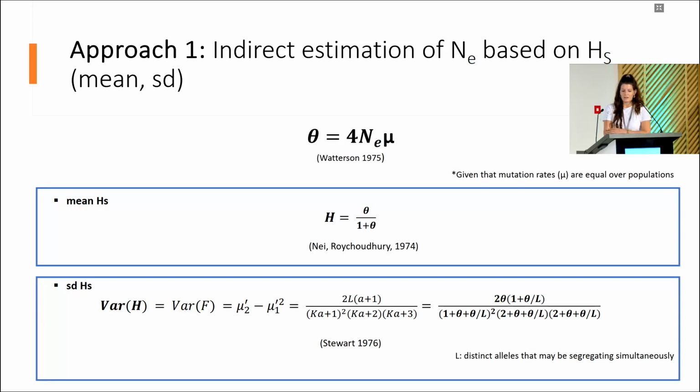So for the mean heterozygosity, the expected one, you can see also the relationship between the expected heterozygosity and the theta diversity. And then you can also see another equation. It seems more complicated, I know, but keep with me, I will get there. So the variance is also explained, and it also has a relationship with the theta diversity.